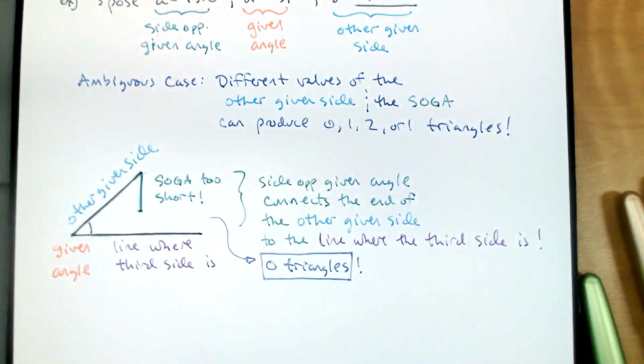If you find that the side opposite the given angle is too short, then the ruling on the field is no triangles.